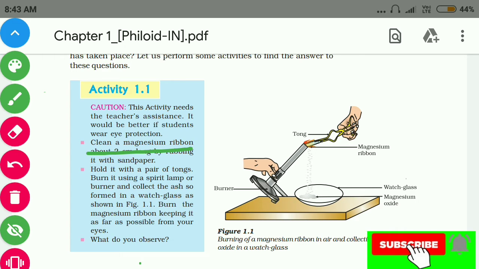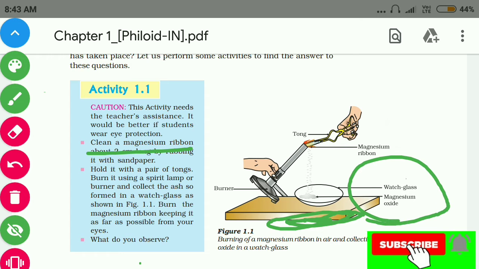One magnesium ribbon will be taken with tongs and burnt in a burner, and the ash will be collected in a watch glass. This ash is nothing but magnesium oxide. You can see magnesium oxide.